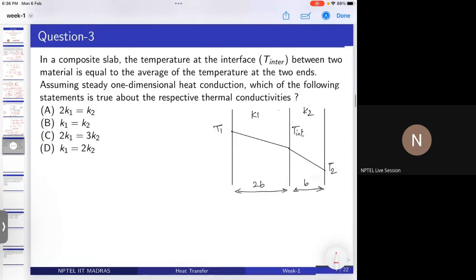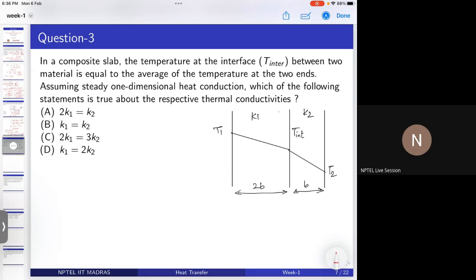So this is also a composite slab question. Actually, I think this is a GATE question, so you can try this out. In the composite slab, the temperature of the interface between two materials is equal to the average of the temperature at the two sides, that is, T inter is equal to T1 plus T2 by 2. Assuming one-dimensional heat conduction at steady state, what is the relationship between K1 and K2?